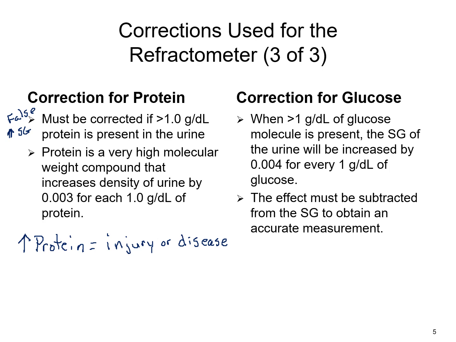So to do that, you would subtract the 0.003 for each 1 gram of protein in that urine, and you would do the same for the glucose.